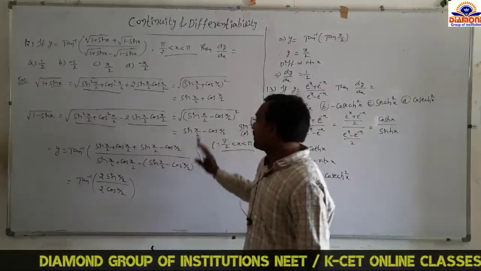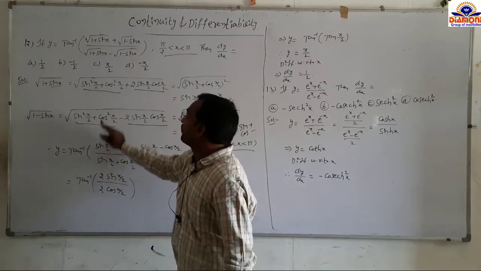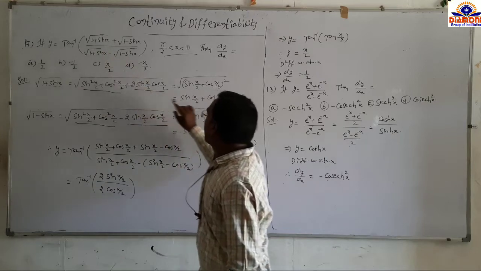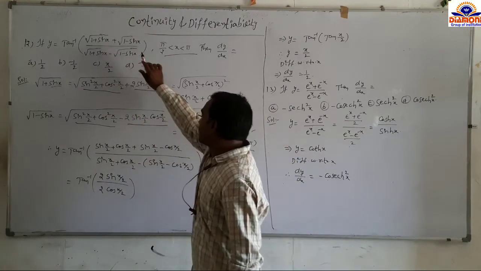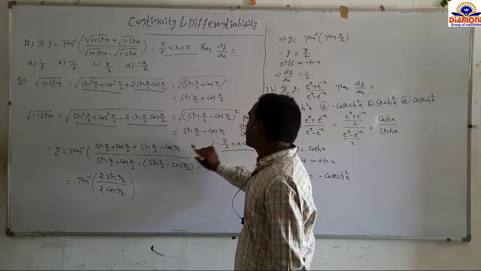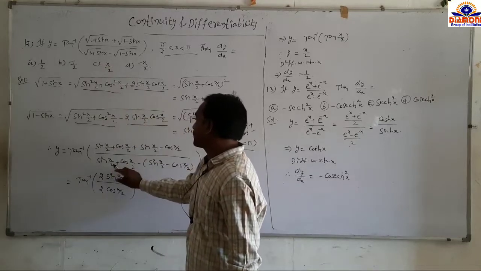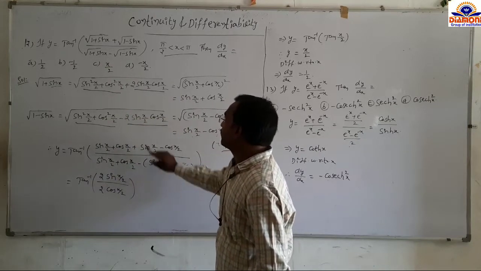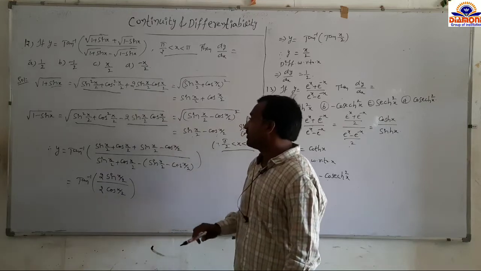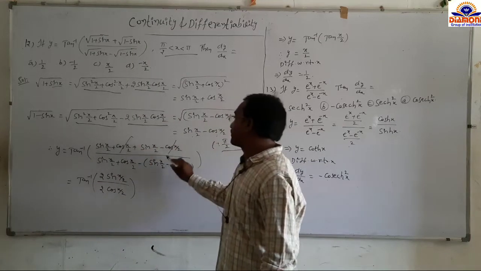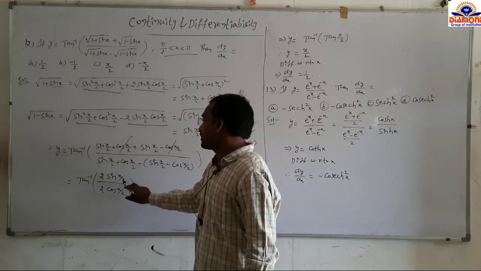Next, substitute these values in the given function. You get y equals tan inverse of (sin x by 2 plus cos x by 2 plus sin x by 2 minus cos x by 2) by (sin x by 2 plus cos x by 2 minus sin x by 2 plus cos x by 2). In the numerator, cos x by 2 and cos x by 2 cancel, so you get sin x by 2 plus sin x by 2, equal to 2 sin x by 2.